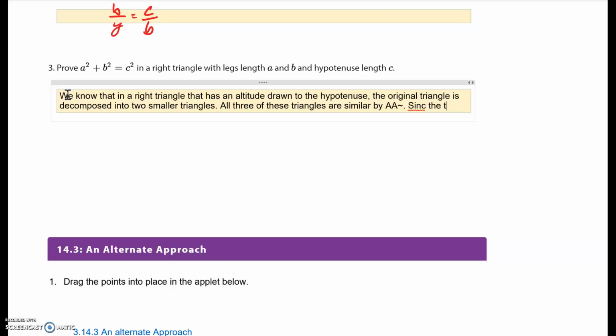Since the triangles are similar, the corresponding side lengths are proportional.